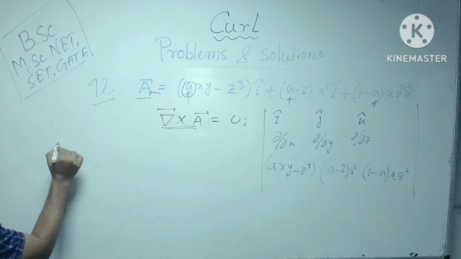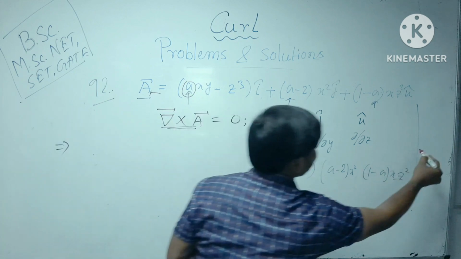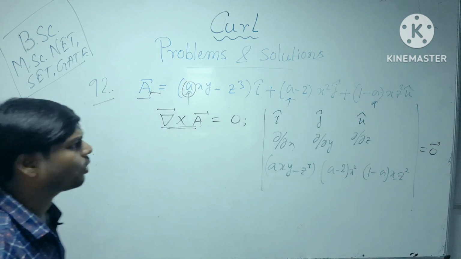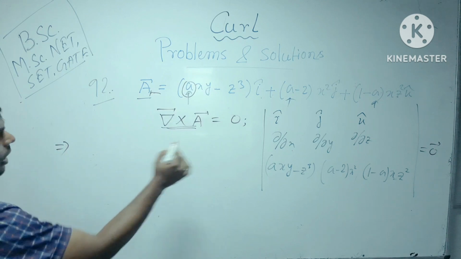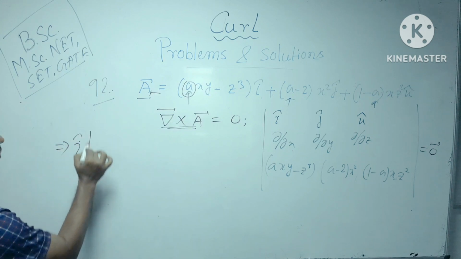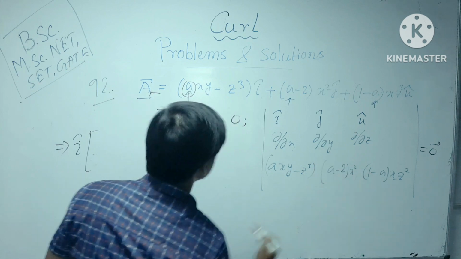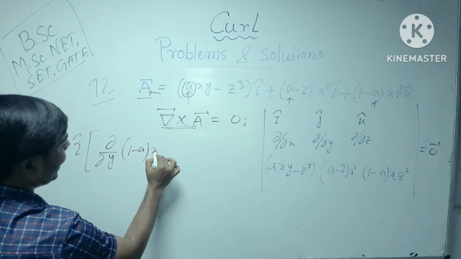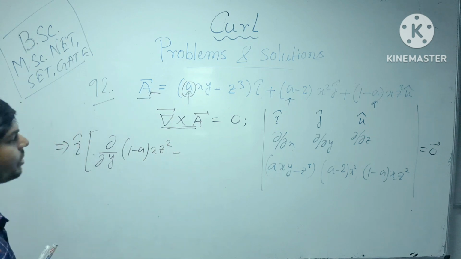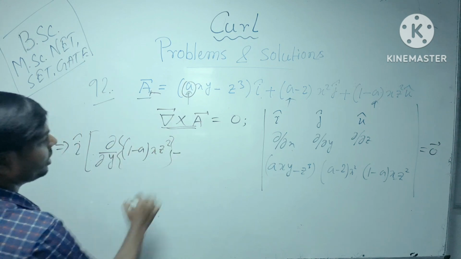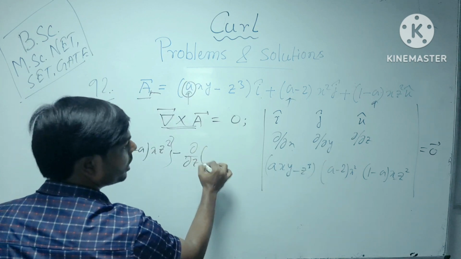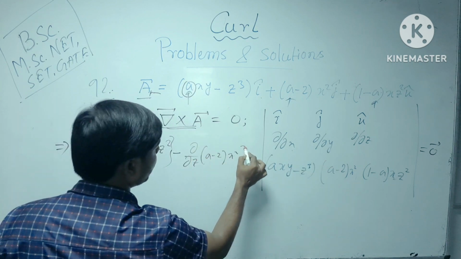I am giving you a hint, and this must be 0. This is not 0, 0 is 0 vector. You can write 0 vector also for the proper meaning. Okay, so this is I cap. The first term will be del y of this one. So del y of 1 minus a x z square minus, you can take in second bracket del z of this one. So del z of a minus 2 x square.